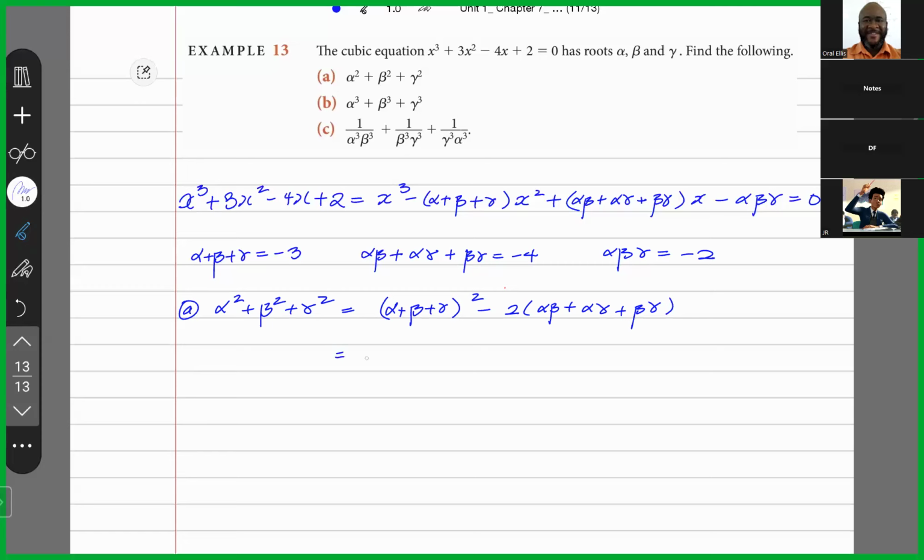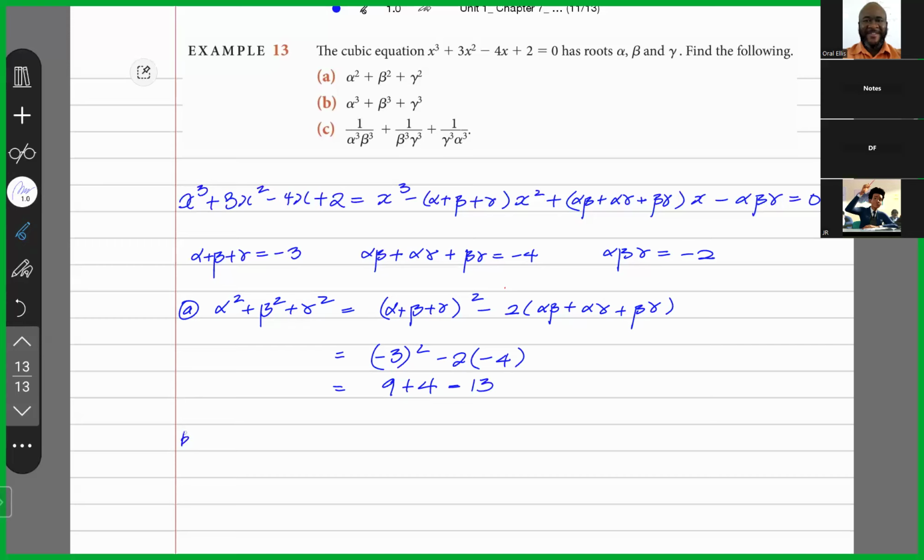So this would be minus 3 squared minus 2 times minus 4. So this would work out to be 9 plus 4, which is 13.